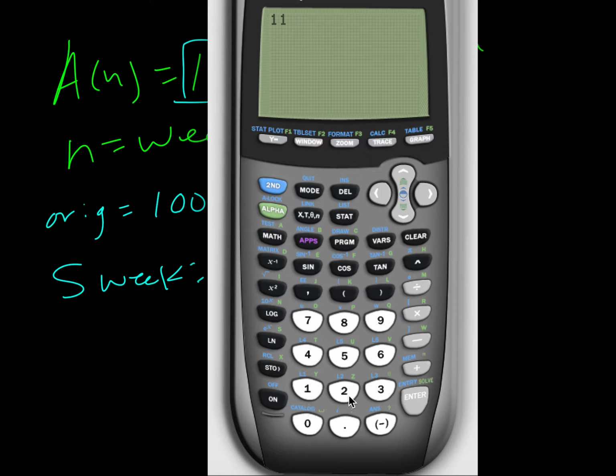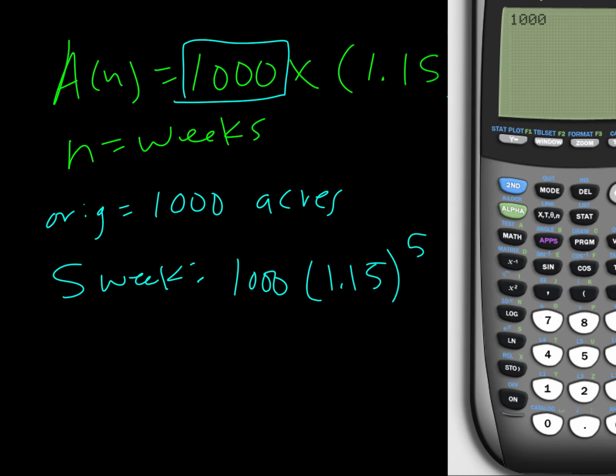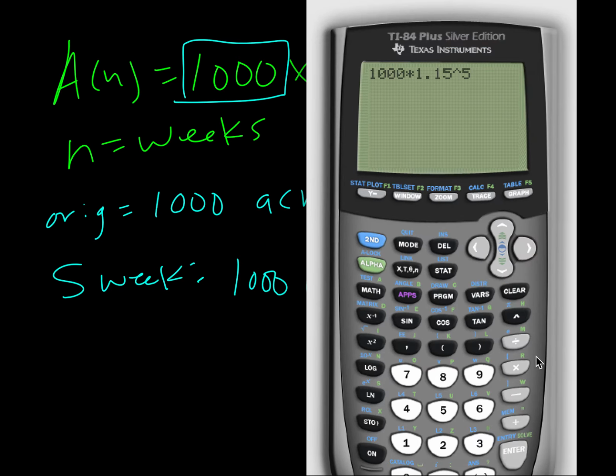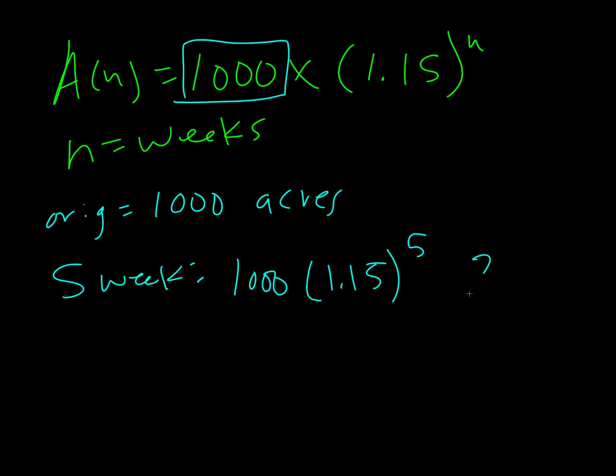So we get 1,000 times 1.15 caret 5. Alright, so we hit enter on that. And we get 2, let's see, we'll want to do 3 significant figures, so it's 2010. So 2010 acres.